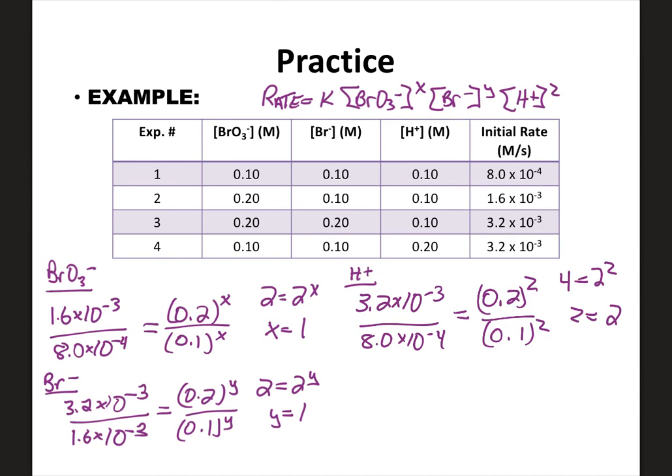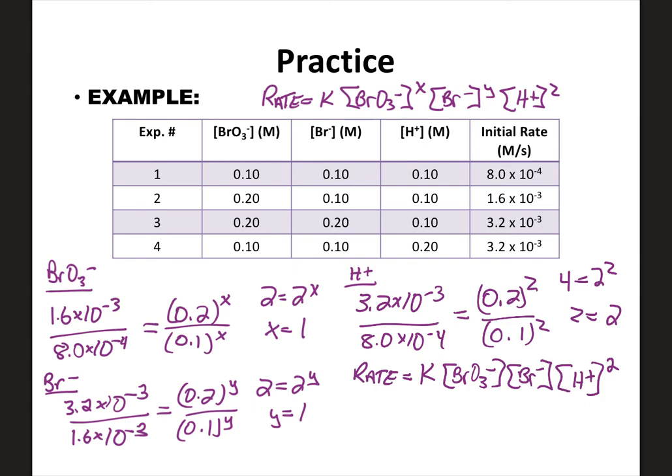So now I can write my overall rate law, plugging in my orders. So I have rate equals K times the concentration of BrO3 minus, it's just 1, times the concentration of Br minus, it's also just 1, times the concentration of H plus squared.